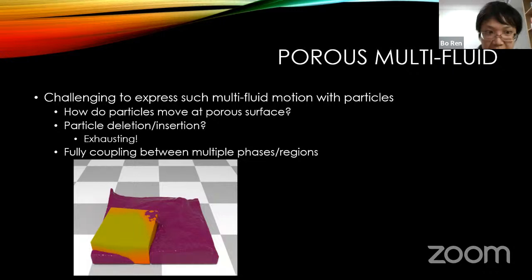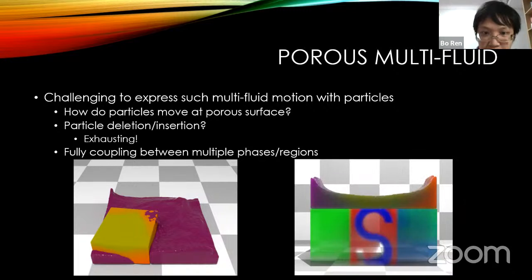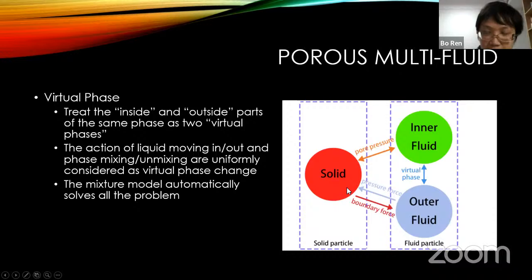And still, we want some full coupling between multiple phase regions and with the solids. So how do we do it? We solve this problem using the mixture model and introduce a concept of virtual phase. In our work, we treat the inside and outside parts of the same phase as two virtual phases.